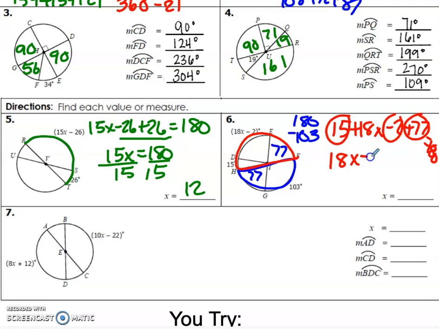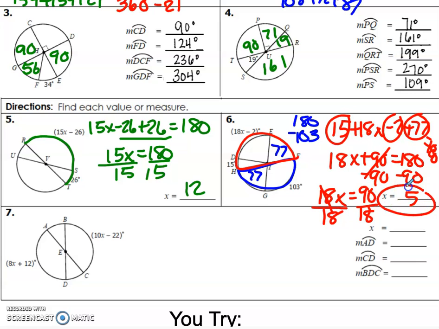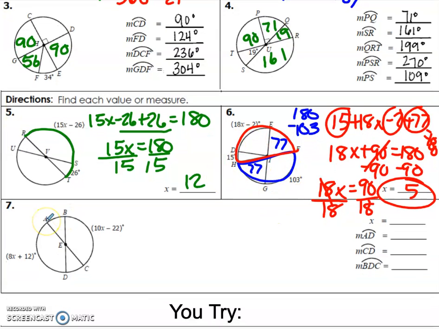So 18x plus 90 equals 180. Subtract 90 from both sides. You'll end up getting 18x equals 90. Divide by 18. And you end up getting x equals 5. So you do have to use your knowledge of semicircles to really help you figure out that problem.